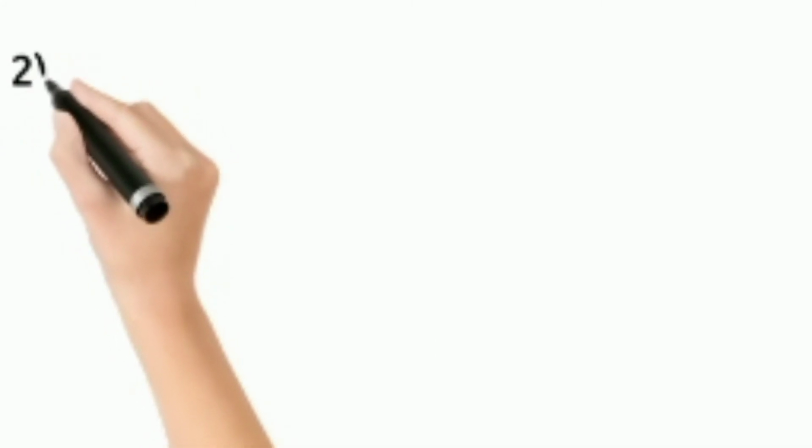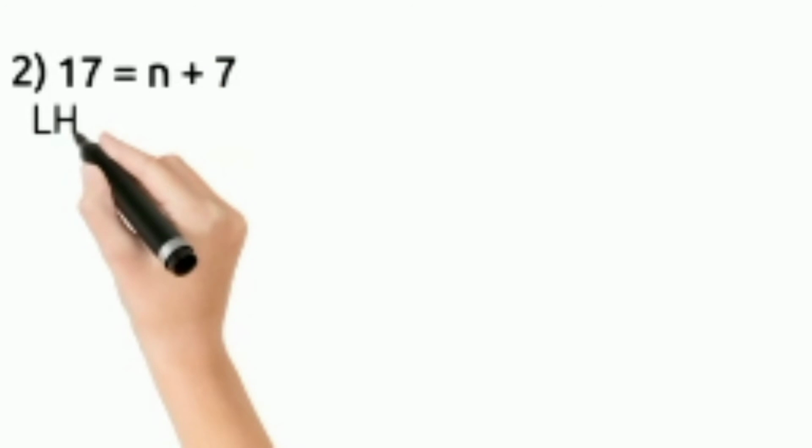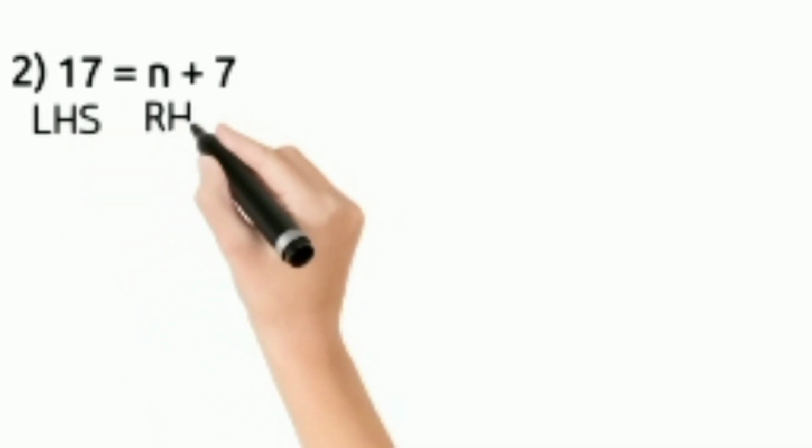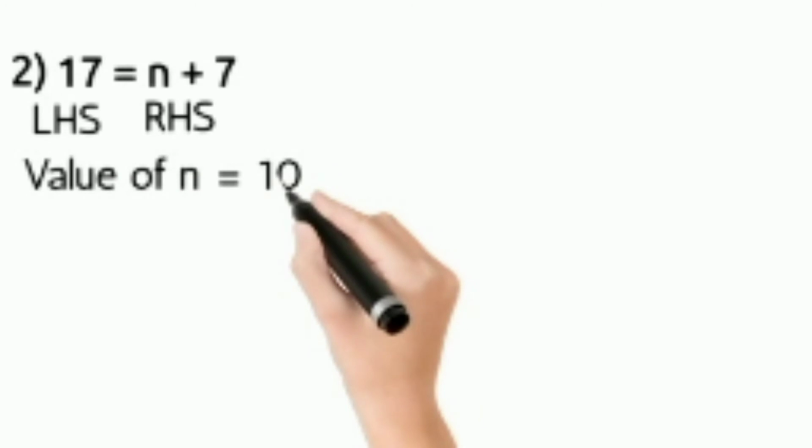Look at question number 2. 17 is equal to n plus 7. Here, the value of n is equal to 10. Now, n is on the right side. So, let us take the right hand side first. So, n plus 7. Substitute 10 in place of n.